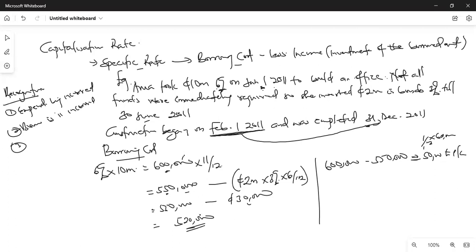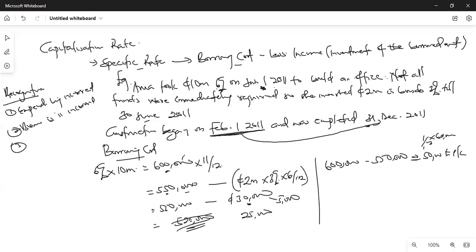So we should take off the 5,000 for the January one that is not considered as part of the borrowing cost concept, which should land us with 25,000.